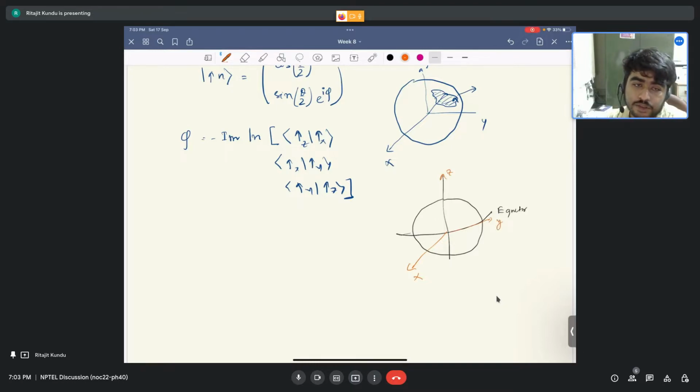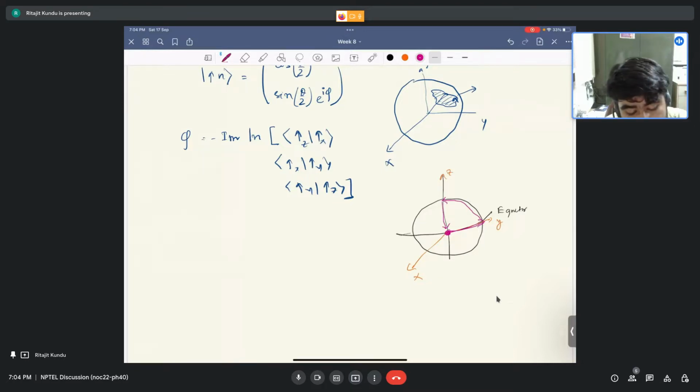Now I want to rotate the spin in a way that it first starts from this position, then it goes to the Y axis, and then it goes to the north pole, and it comes back to the start again. We want to start from here and come back to this point again. That will give us a Berry phase, right?